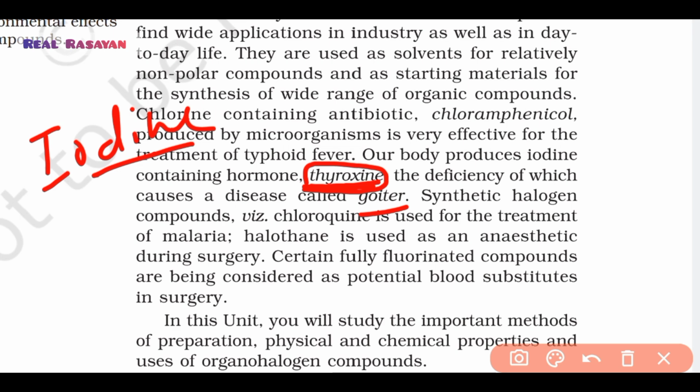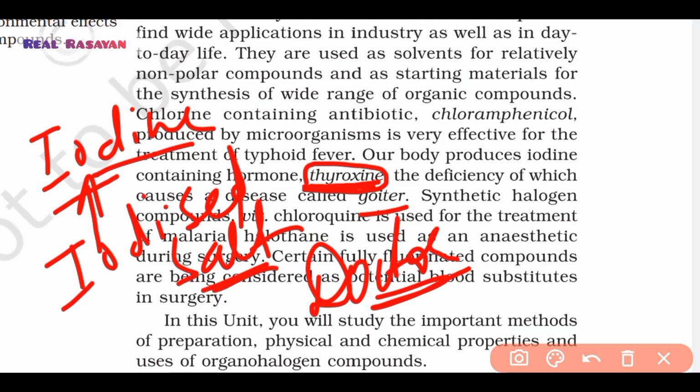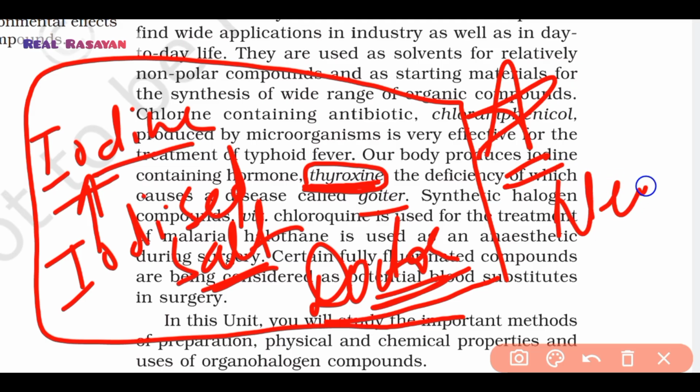It is advised by doctors to take iodized salt to maintain the concentration of iodine in our body, if there is a hyper or hypo secretion of thyroxine in our body. Hope this point will be clear. Very important point to remember as per our upcoming exam.